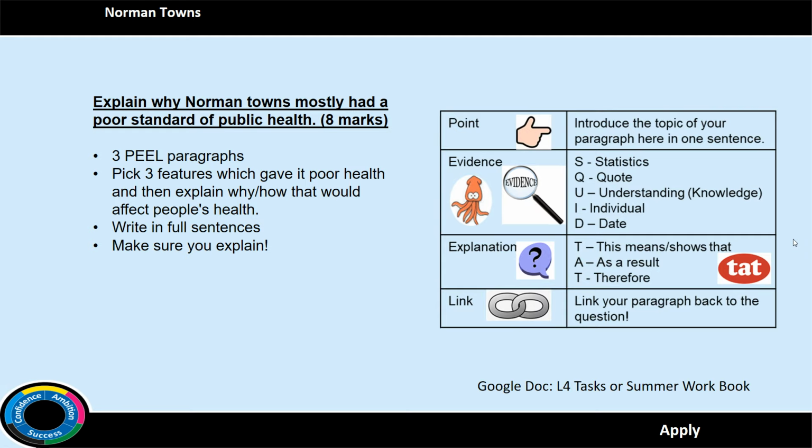You're writing in full sentences, making sure you explain your answers. Remember, the Normans are part of the medieval period, and therefore you can use your color-coded table to help you complete this task. So there are some example sentence starters on the Google Doc and in your summer workbook, which you can use if you need them, but you do not have to. You can use your own if you wish.